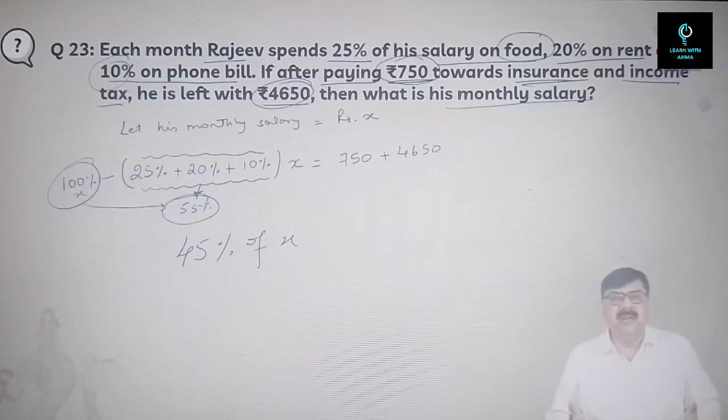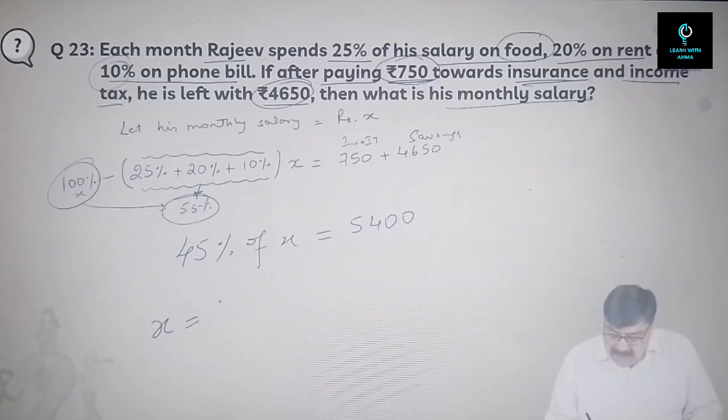Out of his total salary, 55% goes on food, rent, phone bill. So what remains? 45%. 55% gone, expenditure. Remaining 45%. So 45% of X here is equal to how much? Well, the savings and insurance plus IT, which is rupees 5,400.